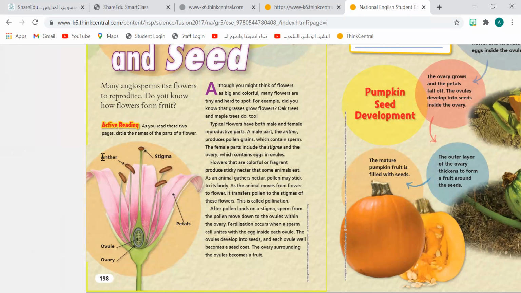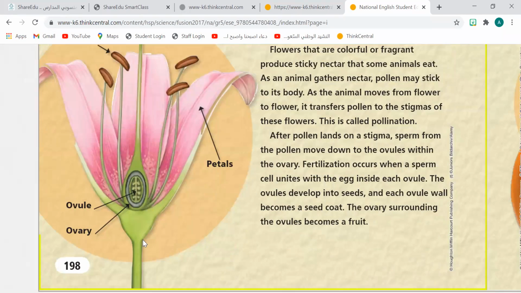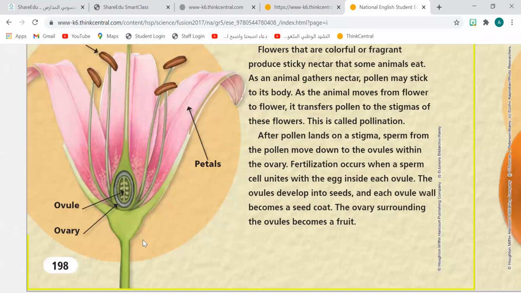Excellent. The anther is the male and the stigma is the female. And in the female, what does it have? No. The female has egg. Yes, the female has egg and it holds the ovary where eggs can be inside it.